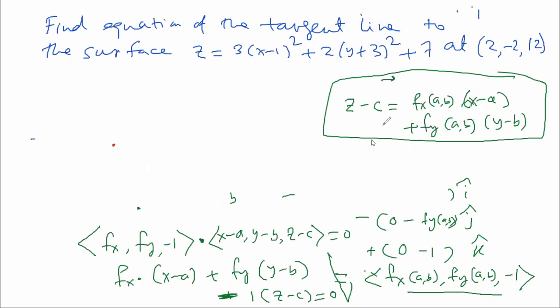Now you have to just plug it in, right? So if this is z, you need to get zx, which is fx. So what is zx? You take the partial derivative with respect to x. It is 6 times (x minus 1) plus 4 times (y plus 3) plus 0, right?